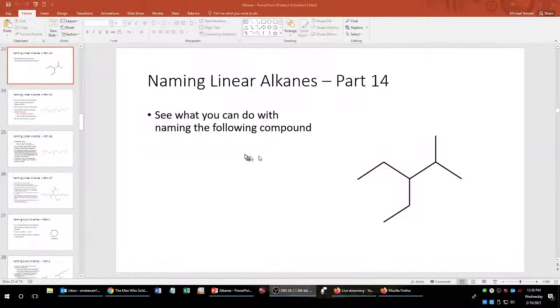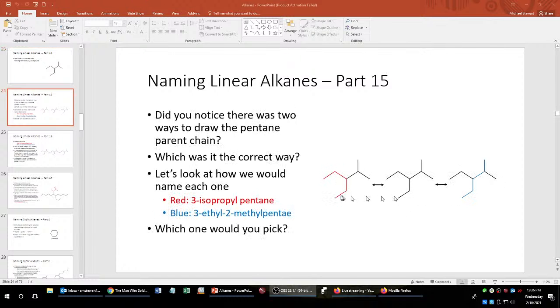Okay, so my slide is 23. So in terms of naming the following compound, you want to look, oh, so this is actually the one that follows it. In this case, it does work it out for you. It's 3-ethyl-2-methylpentane.